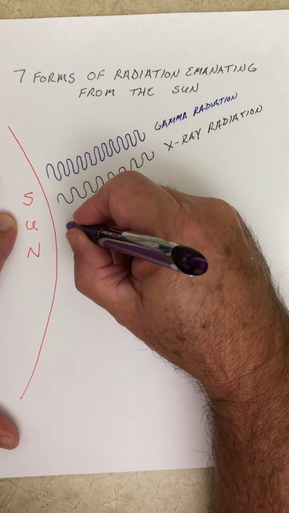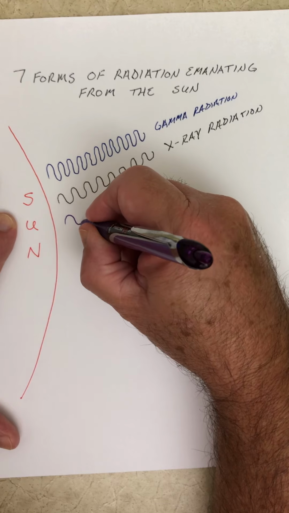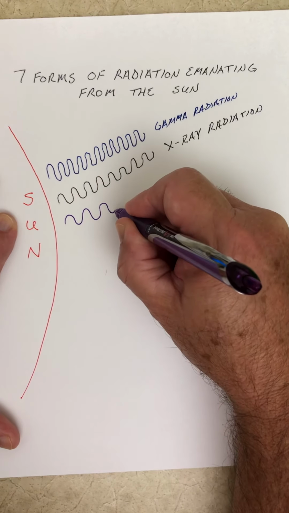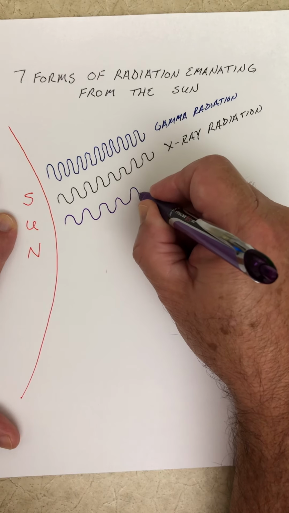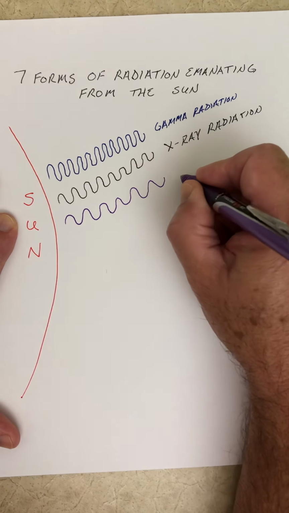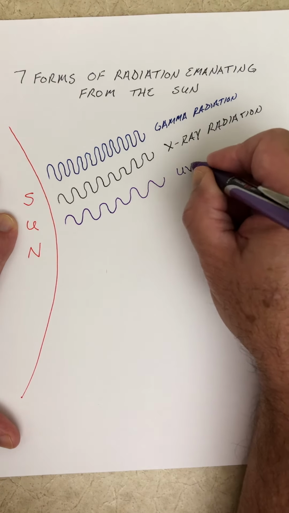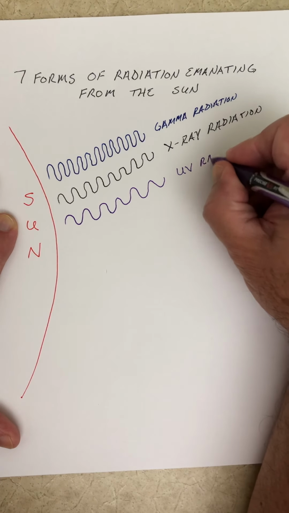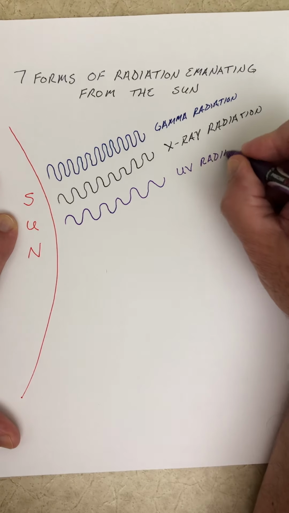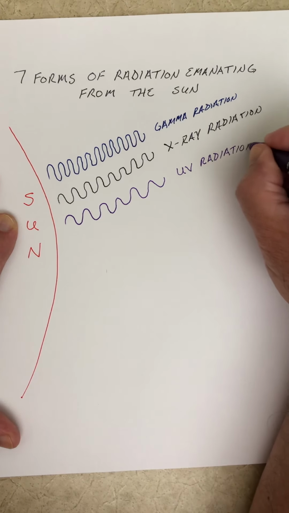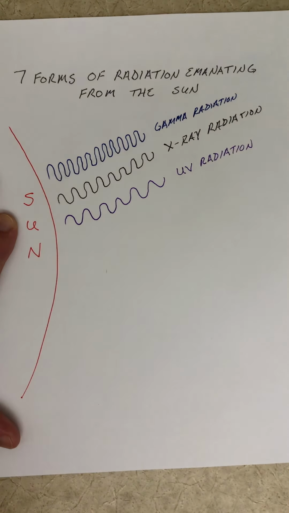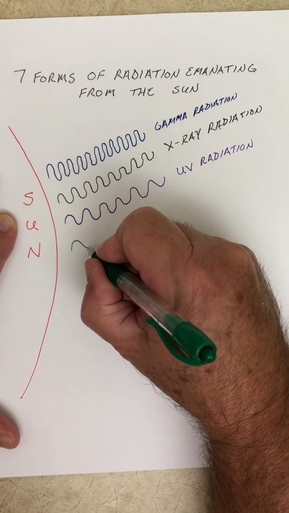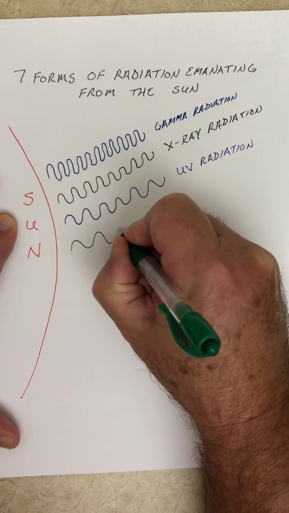So that has a little bit longer wavelength still. UV, or ultraviolet radiation. Okay, next will be visible radiation. Again, has a little bit longer wavelength still.